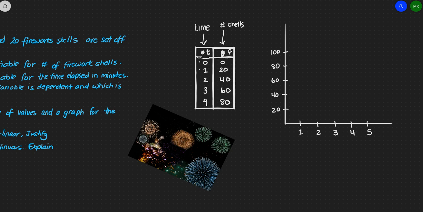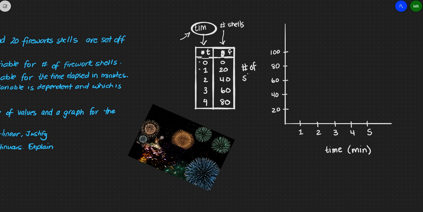Now, again, time waits for no man. So time is the independent variable. So I'm going to put time on my x-axis, and it's going to be in minutes. You want to make sure that if you have a unit, you put it in so that your information is clear. Now this one is your number of shells.